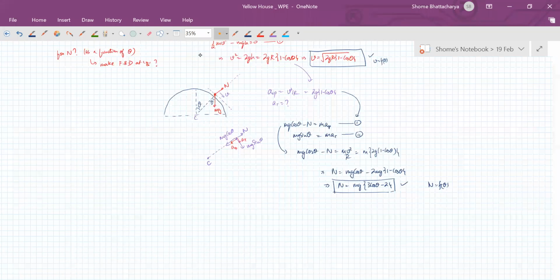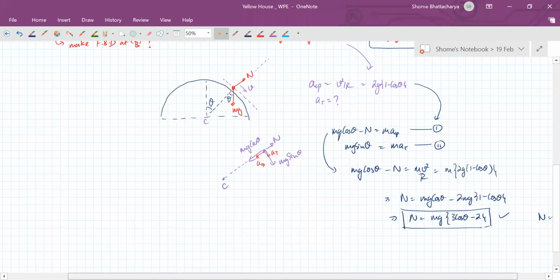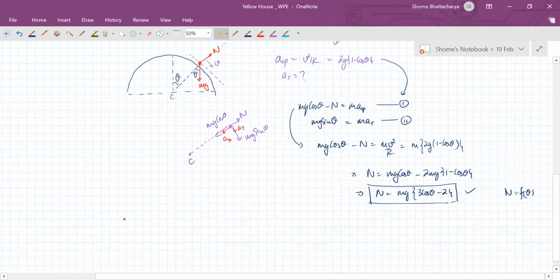Okay, so the next step, as you can see, is very logical. We have got the normal reaction as a function of theta, and we want to find out at what value of theta the normal reaction becomes zero, because the particle loses contact. So at the instant when the particle loses contact, the normal reaction will become zero.